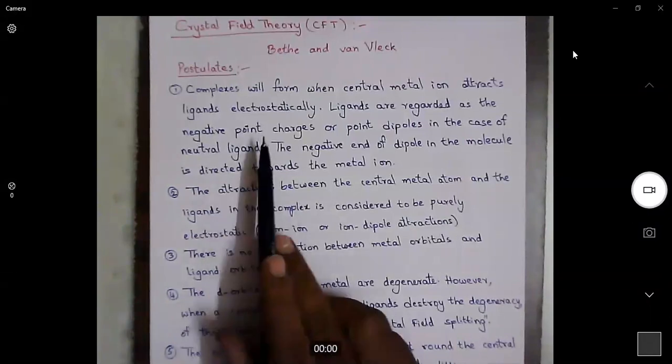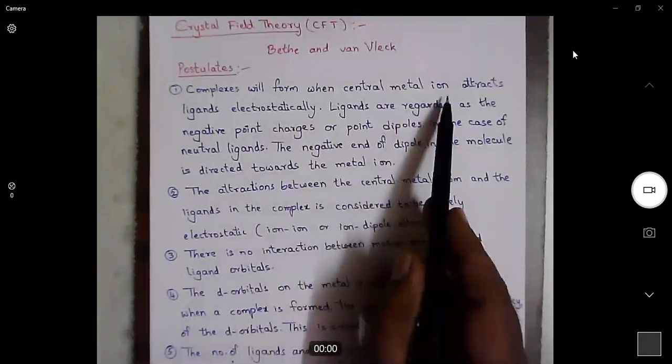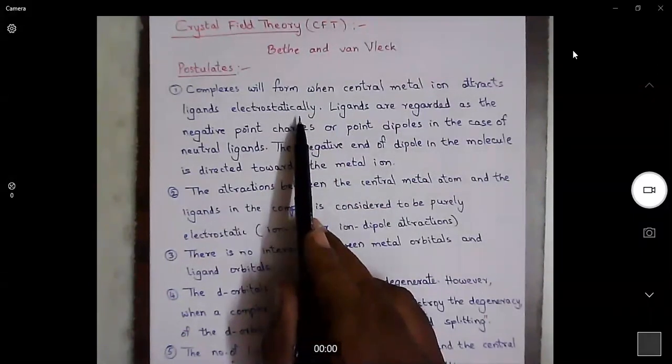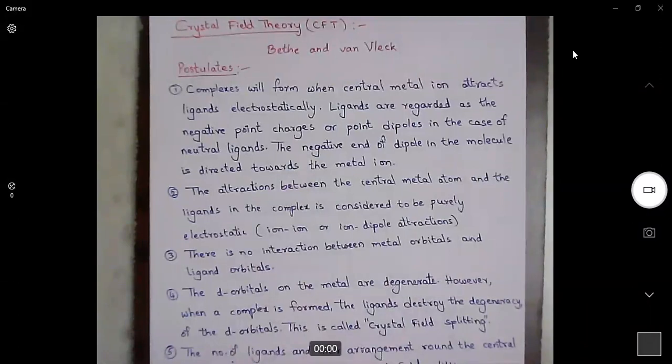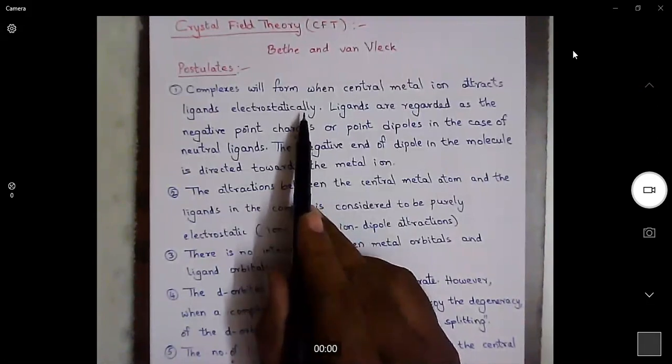Now, when we look at the postulates, complexes will form when the central metal ion attracts ligands electrostatically. In complexes, we have a bond between metal and ligands. The metals are electropositive and the ligands, which have a pair of electrons, are negatively charged.